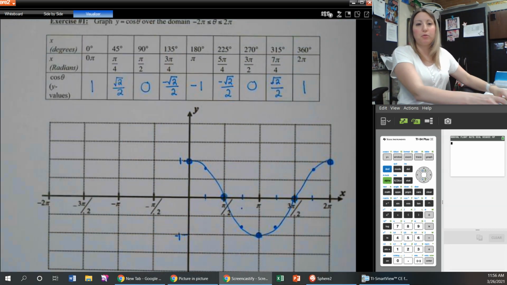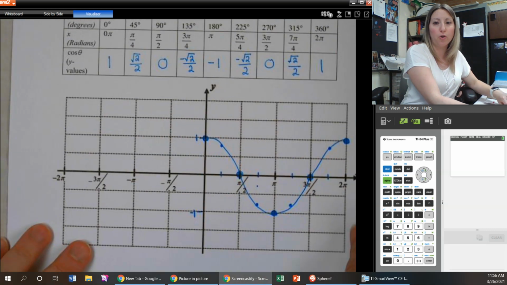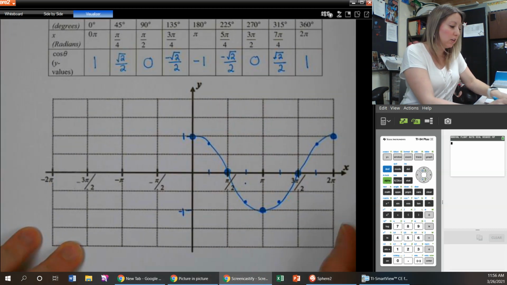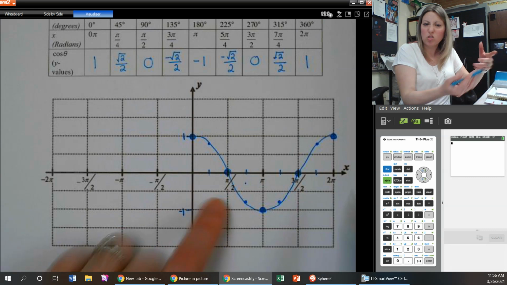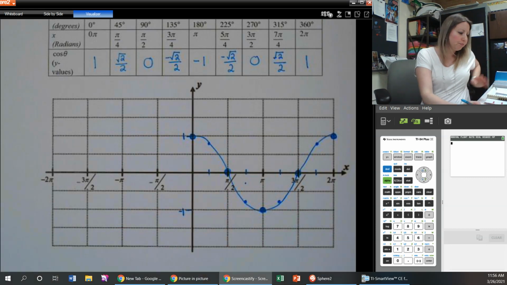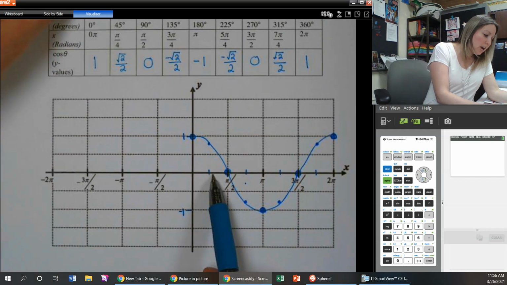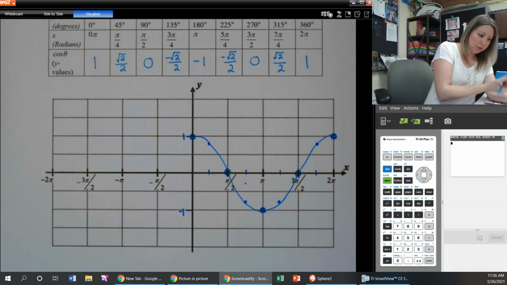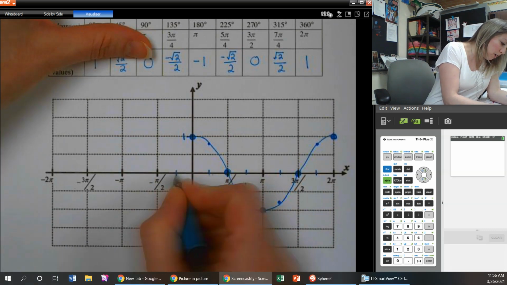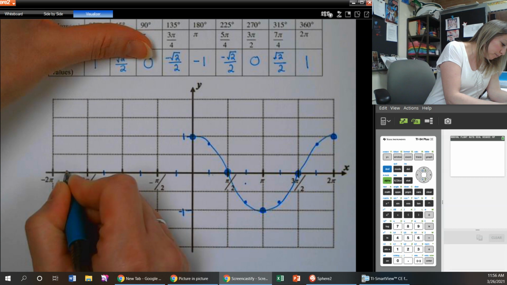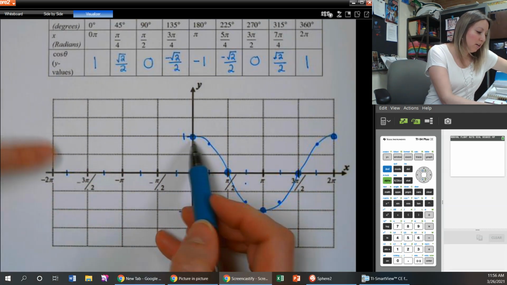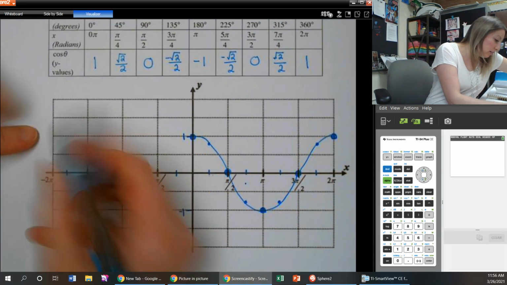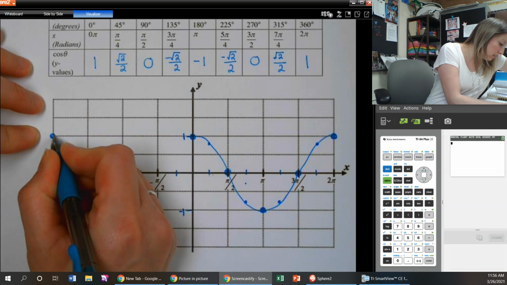I like these types of coordinate planes for trig functions that do the radians this way. Just makes things a little bit nicer to divide into quarters. And then, of course, if we're heading backwards the other direction, right, we go here, are our halves. And we still want to start and end high, right? And in the middle is still your low.